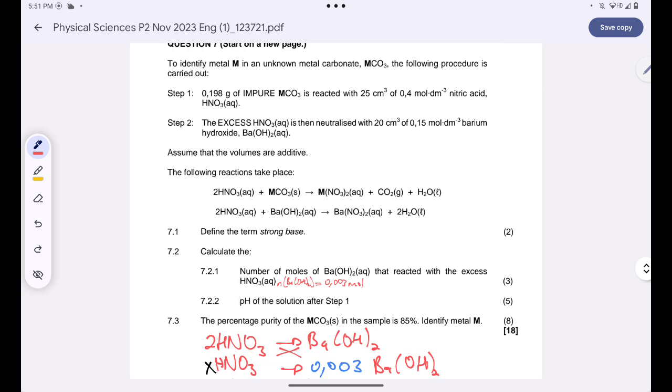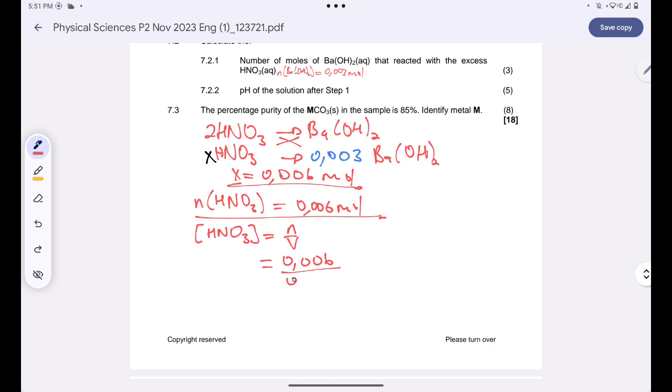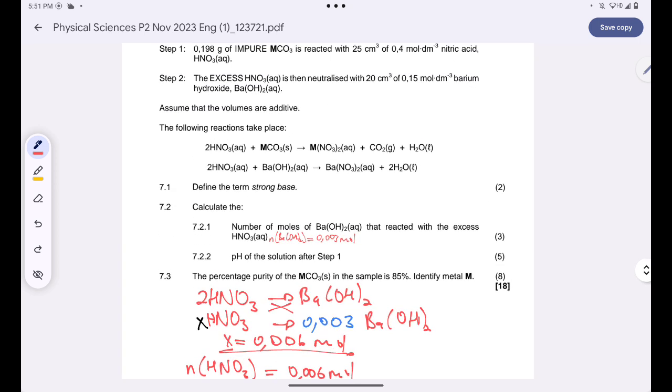My initial volume was 25 cubic centimeters, so it's 0.025. So my concentration is 0.006 divided by 0.025, which gives me 0.24 moles per cubic decimeter. Are you together? So this is the concentration of my nitric acid which was in excess.